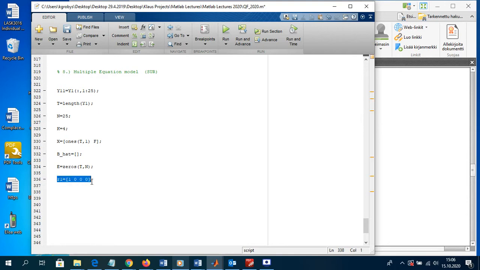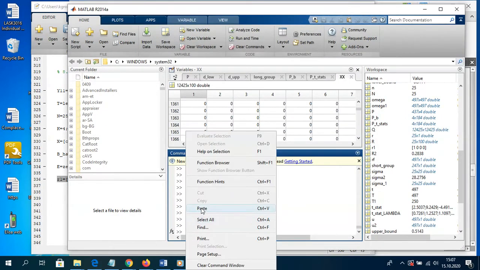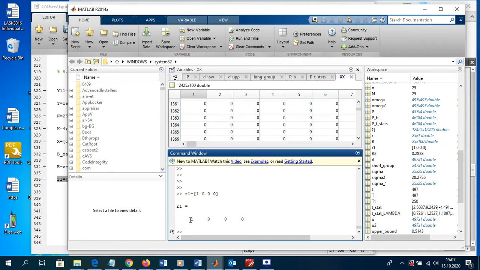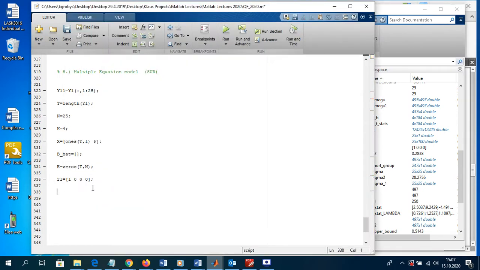If you copy this into the command window, MATLAB spits out what it is. It's a 1 by 4 vector, and it indicates where to find the corresponding parameter in each equation. So it's always the first one.